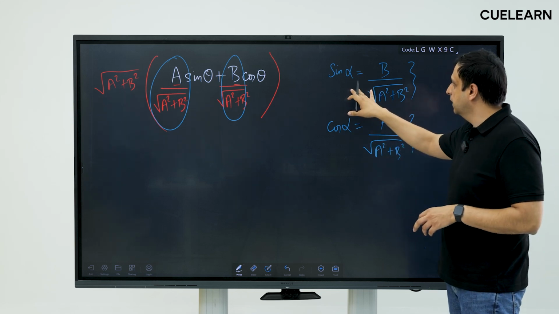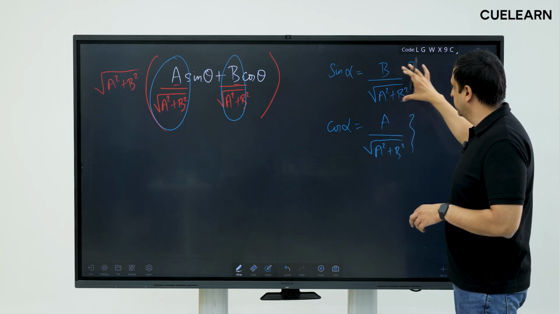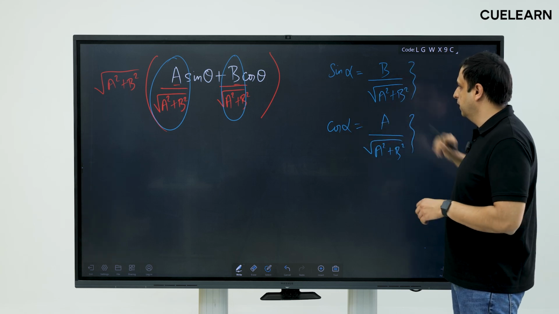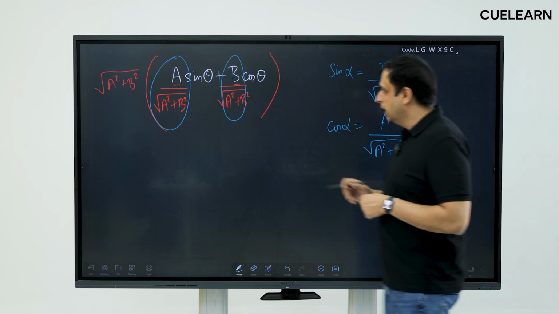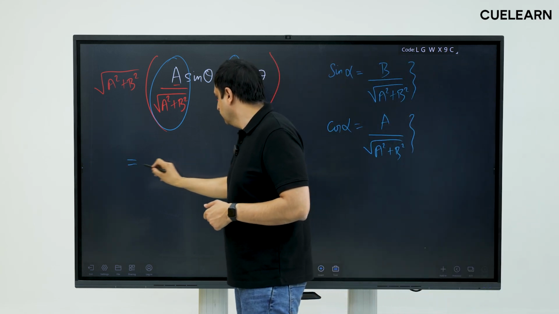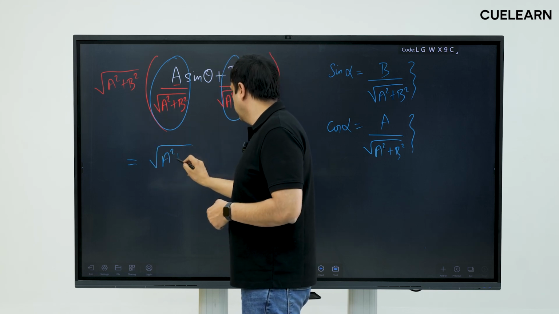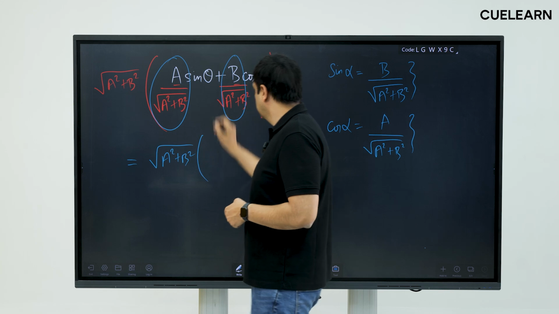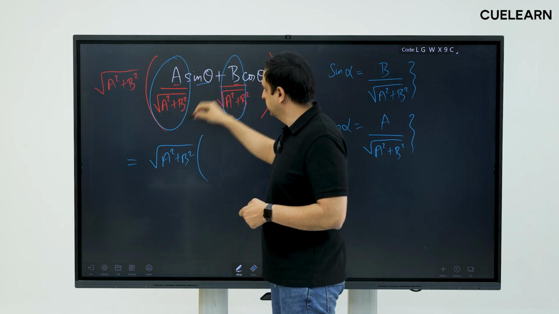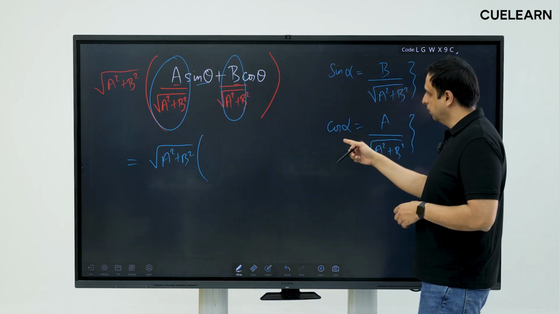So, there must be a certain angle alpha for which sine of alpha is this value and cos of alpha is this value. And then that means that we can write this whole thing as root of a square plus b square times sine theta into this ratio here, which is cos alpha.